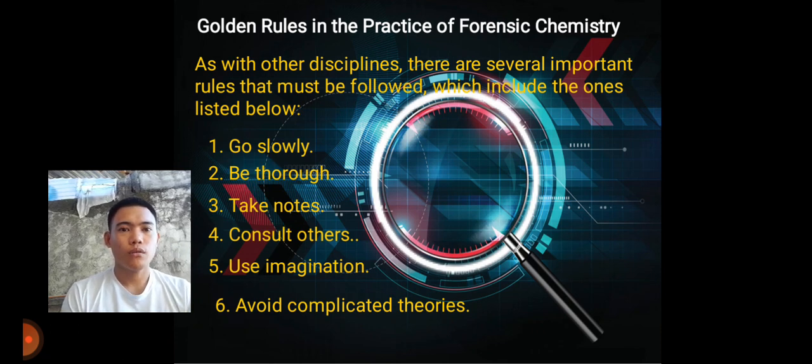Be thorough, take notes, dapat mag-take notes ka o consult others. Use imagination, dapat taas yung pangunahunaan ni, and avoid complicated juries. Dili dapat pataka arag juries kung ano manggaling naitabo.